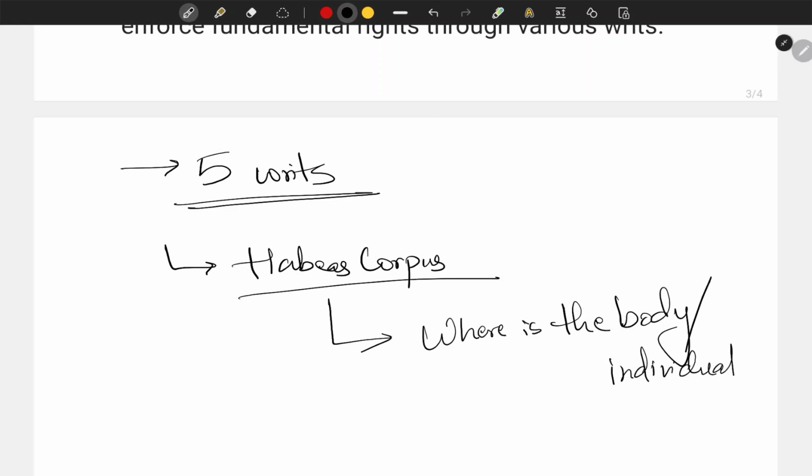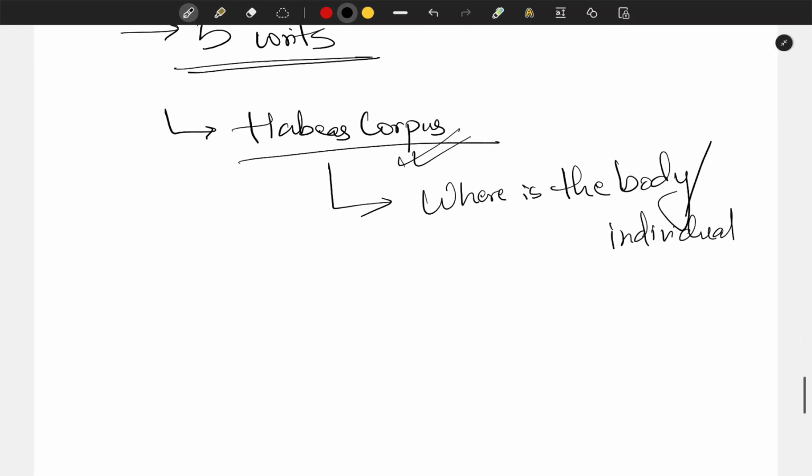You cannot just detain a person and that person could vanish into thin air, right? You are not allowed to do that. So by the writ of habeas corpus, one has the right to be presented in front of the court if they are detained, arrested, or retained in jail, so that a decision could be made on whether their detention is just or unjust, and what the further proceeding is going to be. So that is habeas corpus.